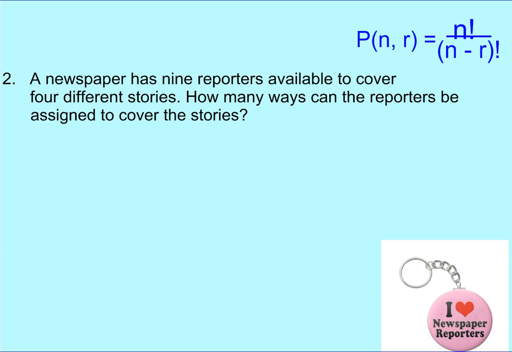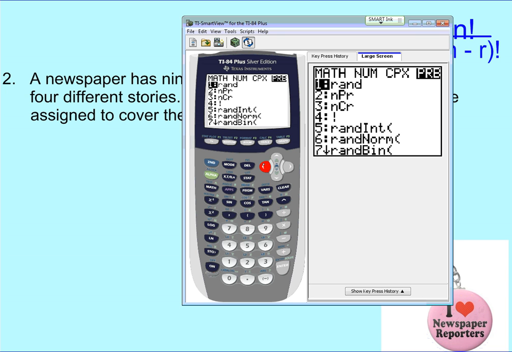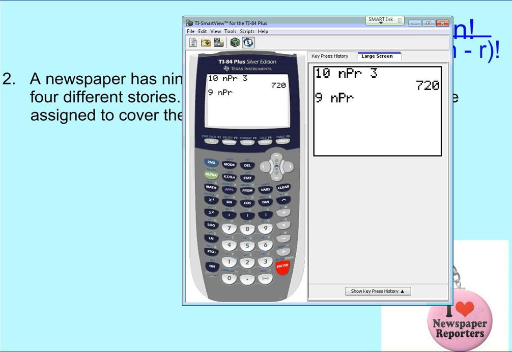The newspaper has 9 reporters available to cover 4 different stories. How many ways can the reporters be assigned to cover the stories? Here you would almost think order doesn't matter, but it kind of does, because if you're a reporter and you get the first story, are you able to go cover the third story? No. So there are 9 different reporters and 4 different stories. Taking the shortcut over probability this time, that's going to be 3,024.